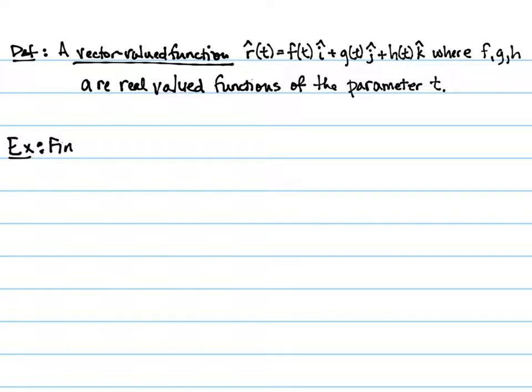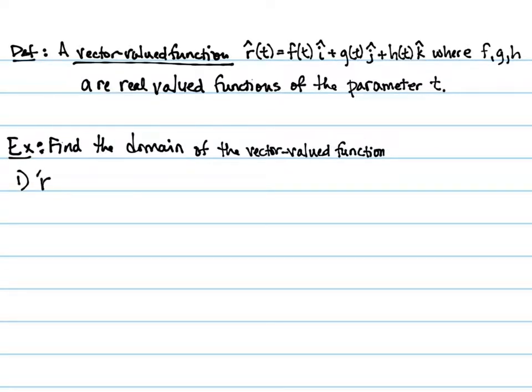So we're going to find the domain of the vector valued function, and the one we're looking at is R of t equals the square root of 4 minus t squared i plus t squared j minus 6t k.